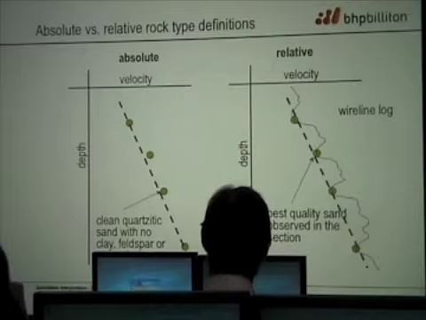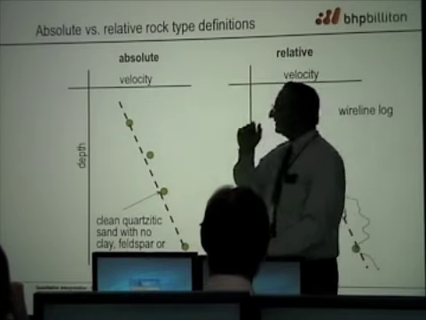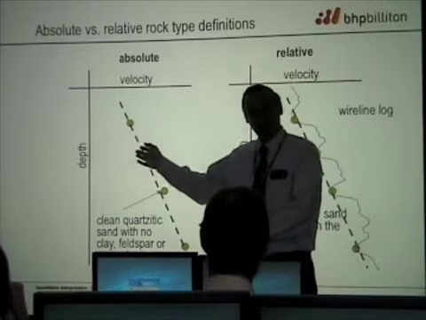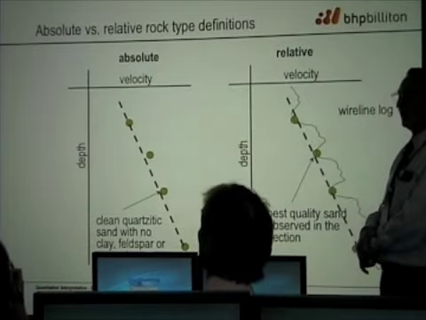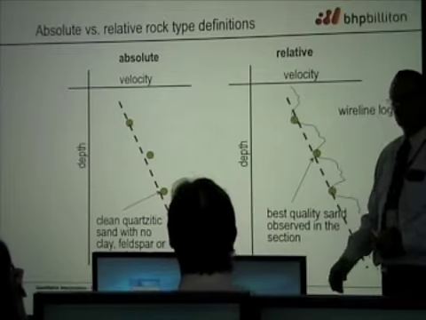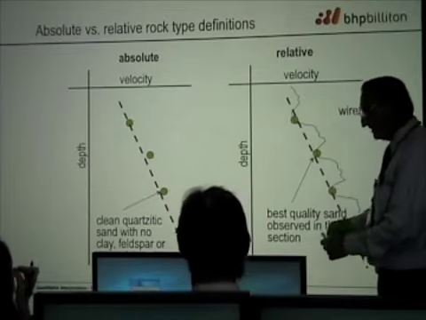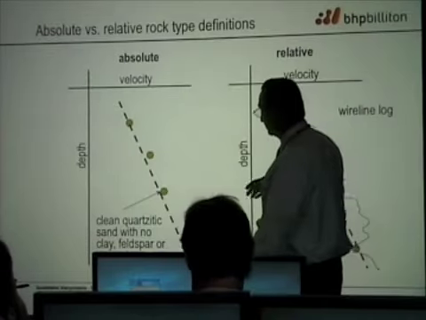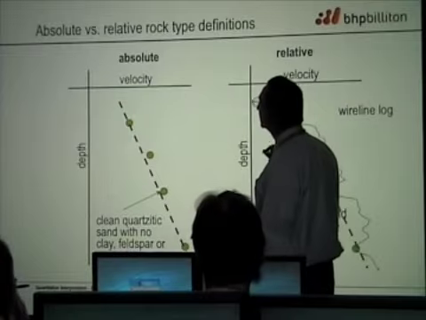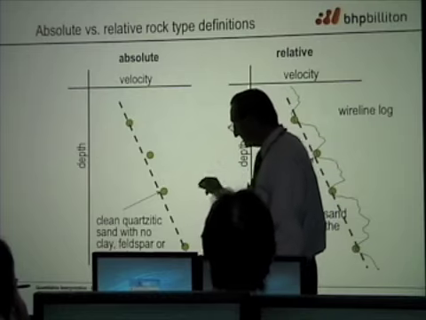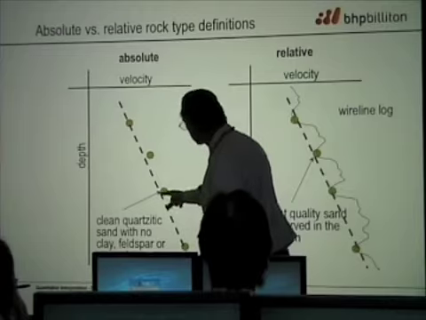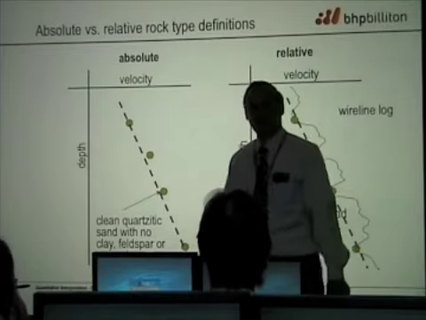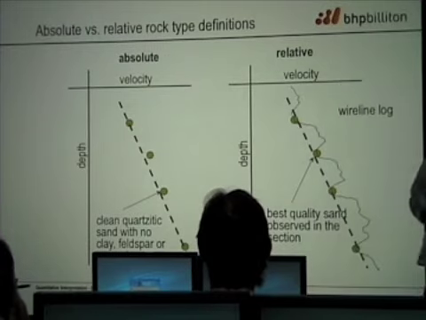What you'd really like to have is, oh, I've got some cores over here, and I have a log, or two, in this well, density, velocity log, and by golly, I know what's a clean quartzitic sand, because I have the core, and at this depth, this depth, this depth, and this depth, I have that clean quartzitic sand.